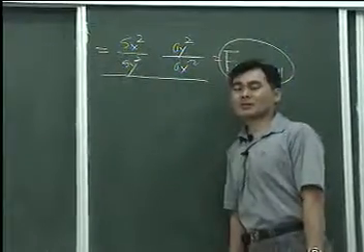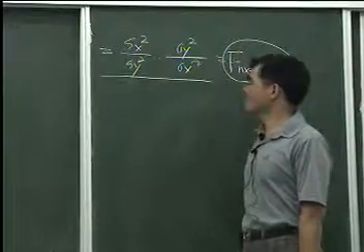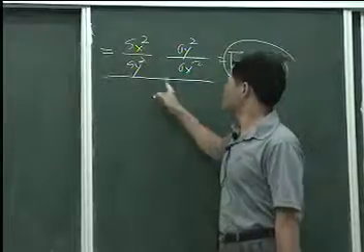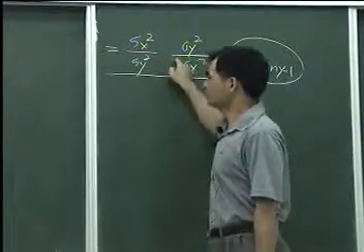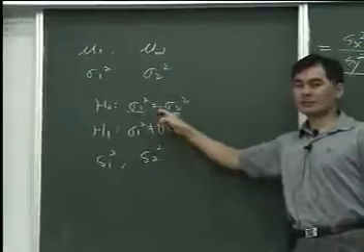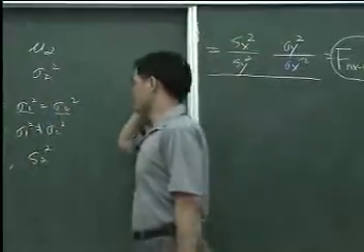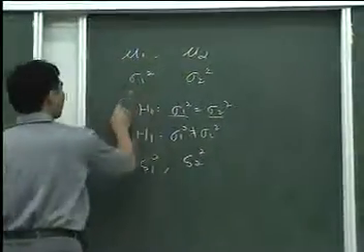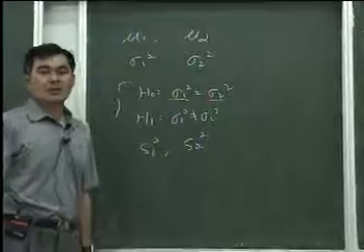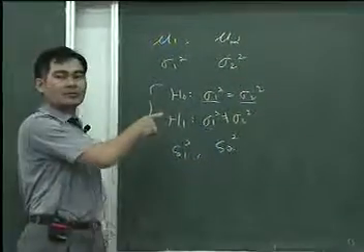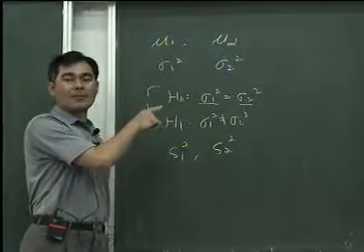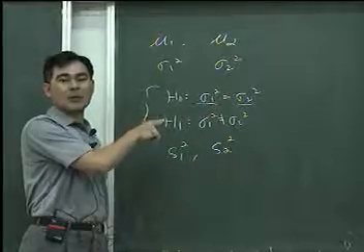Now the question is how to apply this. So we know F distribution is equal to this, right? And we want to test this. So the same thing, when you do a hypothesis test, first you have to put down the null hypothesis and alternative hypothesis.